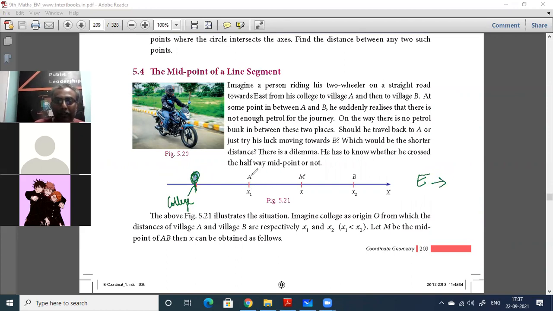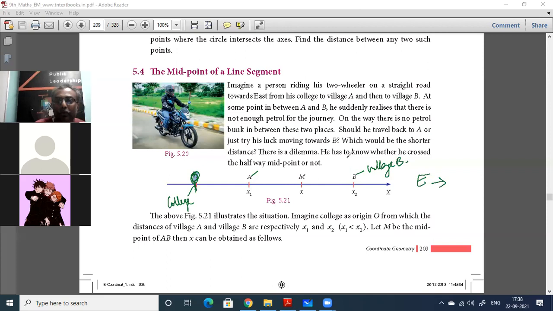First village 1 is coming. Village 1 is X1. Then village 2 is coming. He is living in village 2, or village B. That's where he is living. Now he has very little petrol. What he realizes is, after he crosses village 1 and is moving towards village 2, a petrol problem arises.